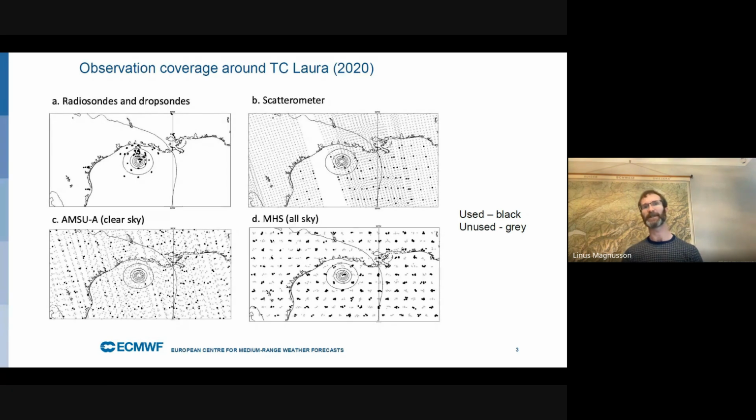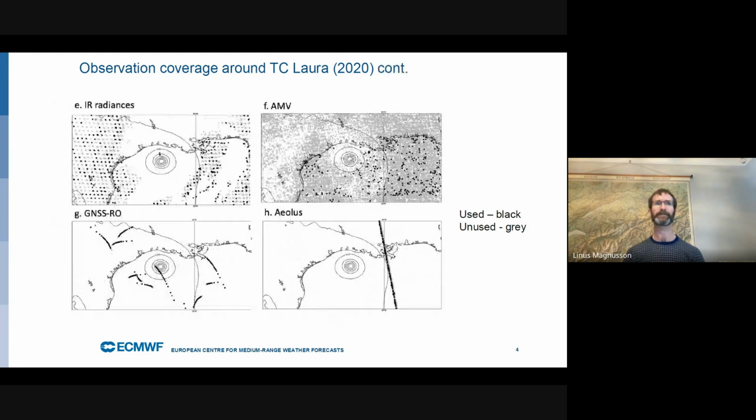So here, for example, the thinning of the scatterometer data is very obvious, and which led us to even play around with that setting. And if you in the bottom one compare the MSUA, which is clear sky, and the humidity sounder, that's all sky, you can see kind of the impact of having an all-sky assimilation. Next.